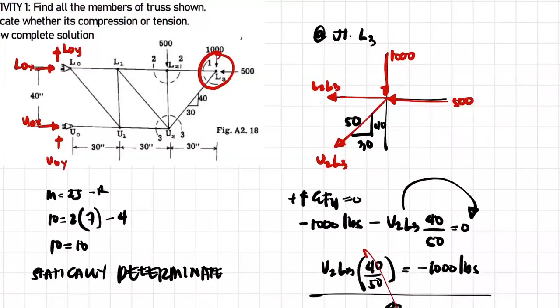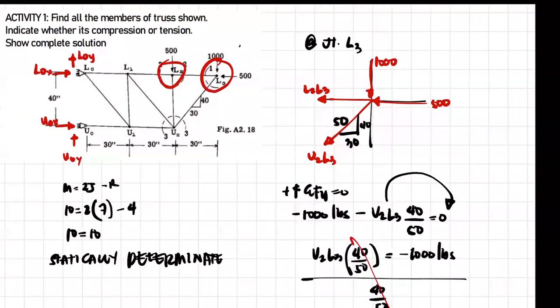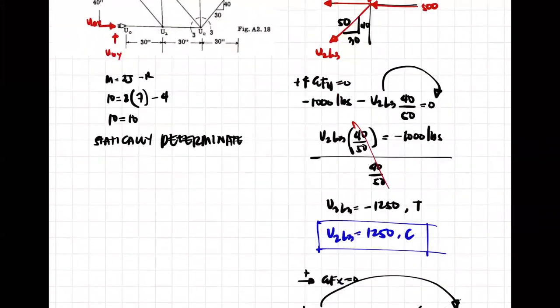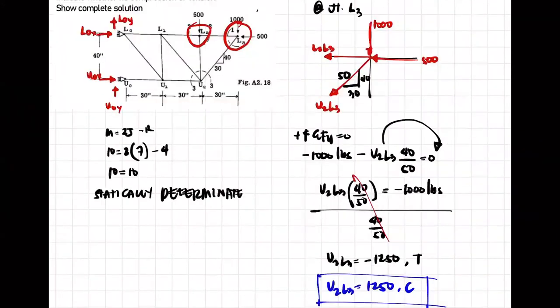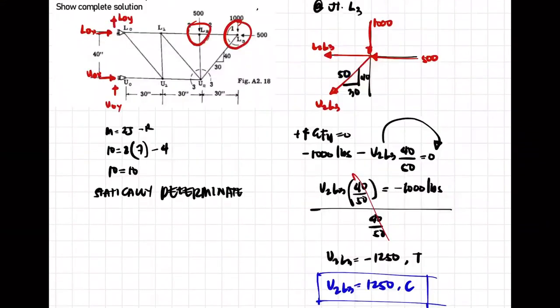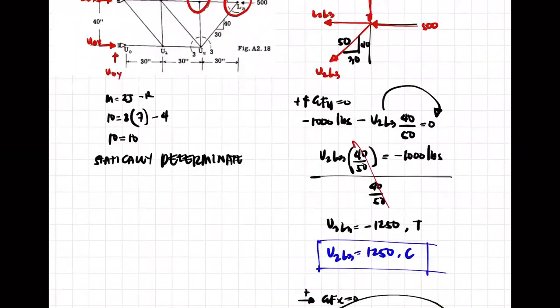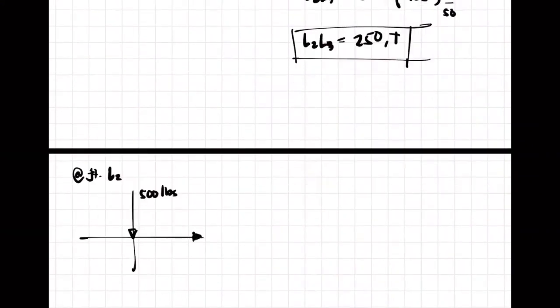Next is, where is the next joint you will use? Here, we will use this L sub 2, because you can see that the force members make the parameters easy to get. So, at joint L sub 2, we have 500 pounds going downward, and our L2, L3 that we solved is tension with a value of 250. Sorry, there are no units here.